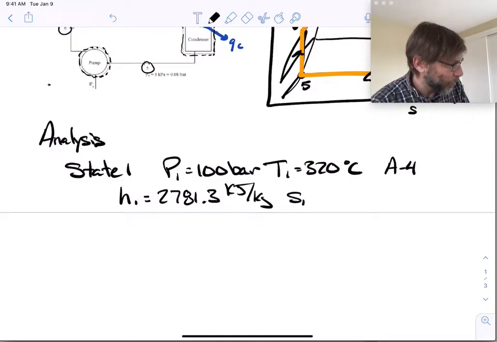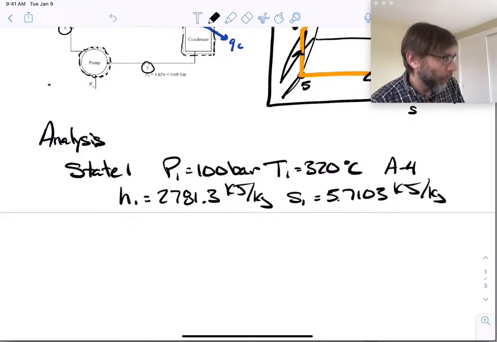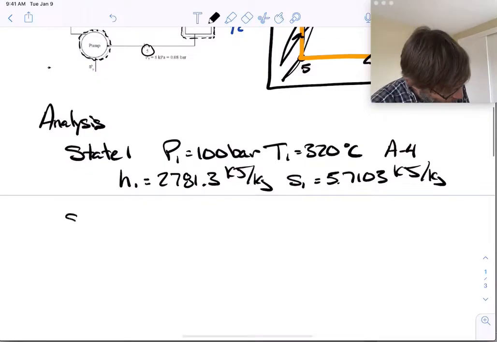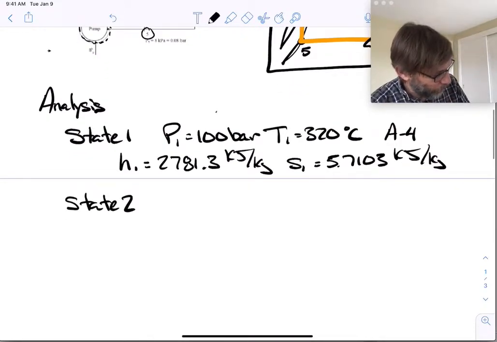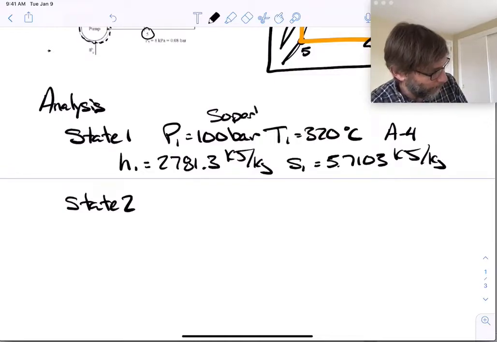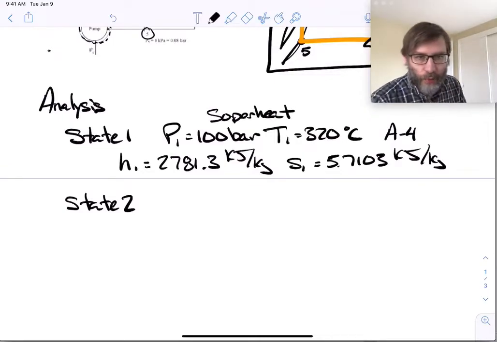And S1 is equal to 5.7103 kilojoules per kilogram Kelvin. Then we'll go to state 2. So that's pretty easy. That's superheated steam.